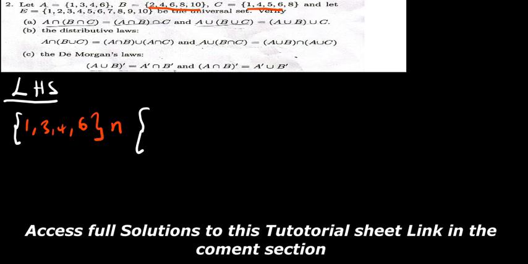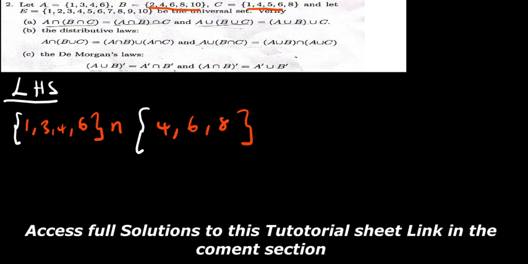So I'll write 4 here, comma. 6, it's not there in C. Oh no, 6 is there, sorry. 6 is there in set B and C. What of 8? 8 is there in set C, so comma 8. What else? 10 is not there. So I think this is what I'm going to have.